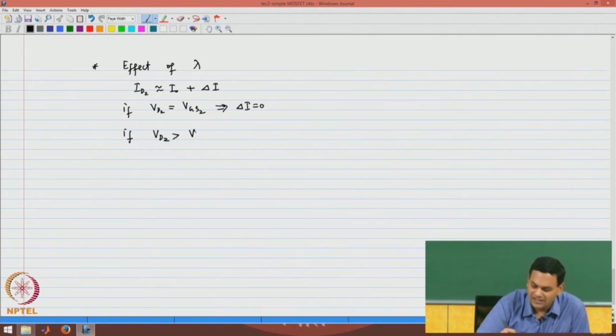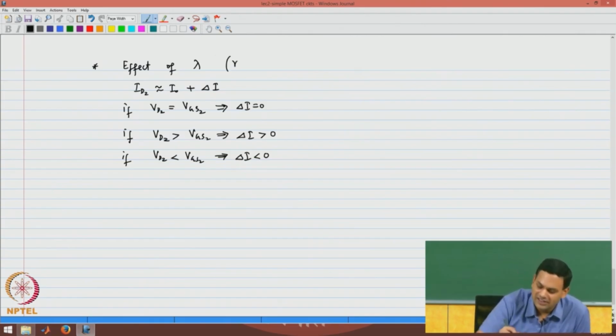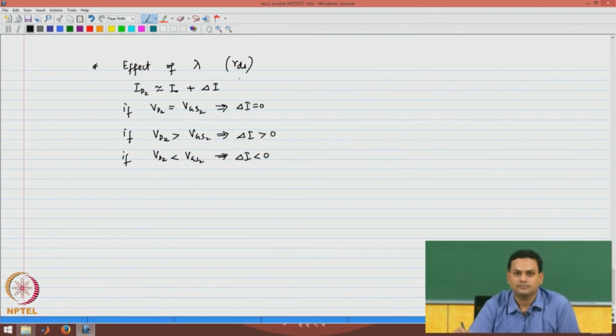If VD2 is larger than VGS2, delta I will be positive, and if VD2 were smaller than VGS2, delta I would be negative, and therefore, the output current will be slightly different from the input current. This is clearly an effect of the RDS of the transistor.